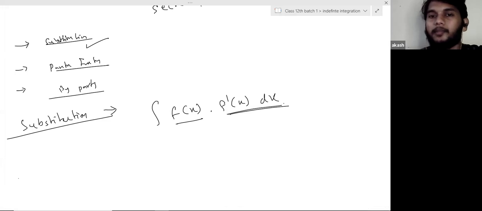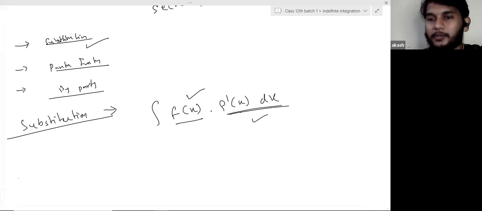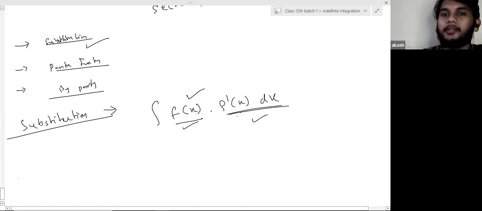Substitution is only applicable when you can see these things: a function and its differentiation, f x, f dash x. Your eyes should look for this in integration: function and its differentiation.